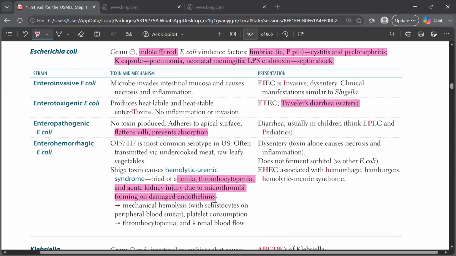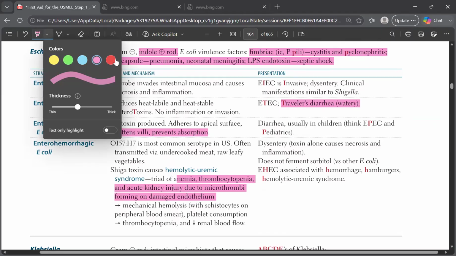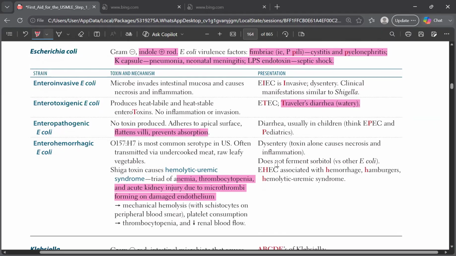It does not ferment sorbitol versus other E. coli, and EHEC is associated with hemorrhage, hamburgers, and hemolytic uremic syndrome. So it is associated with hemolytic uremic syndrome, which is essentially anemia, thrombocytopenia, and acute kidney injury. It is associated with mechanical hemolysis with schistocytes, thrombocytopenia, and decreased renal blood flow. An important property of this is that it does not ferment sorbitol versus other E. coli.